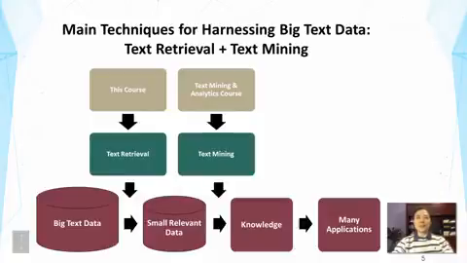These techniques help us convert raw big text data into small relevant text data, which are actually needed in a specific application. Humans play an important role in mining any text data because text data is written for humans to consume. So involving humans in the process of data mining is very important.